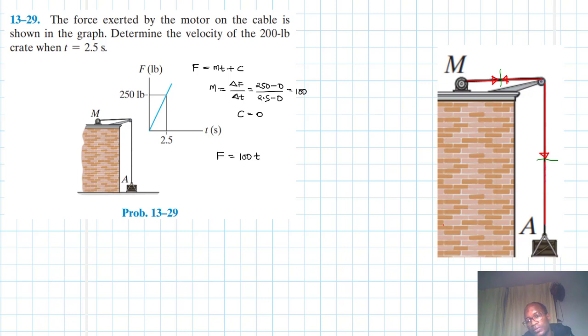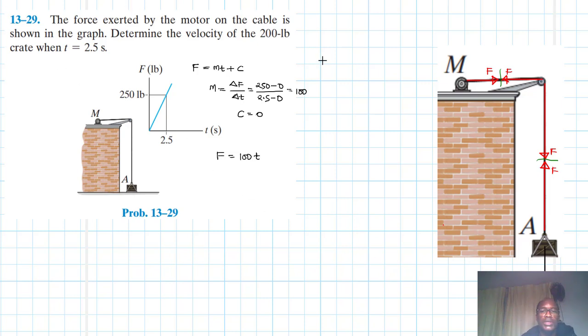So we have a system like this, and this is F, and this is the same F there, and this is F there, like so. And we do have some weight there for our box, and this weight is just W, which is equal to mg.